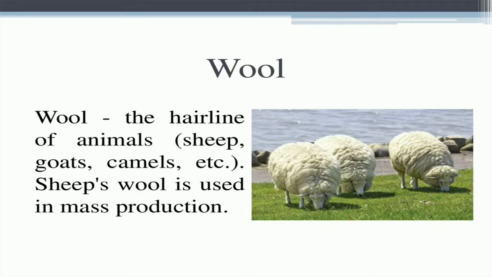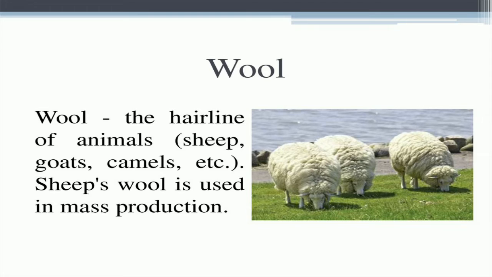Okay, now next, wool. Wool is the hair of animals like sheep, goats, and camels. Sheep's wool is used in mass production.